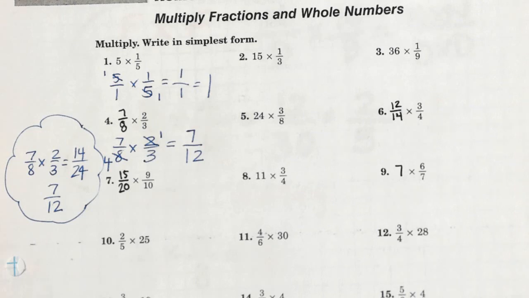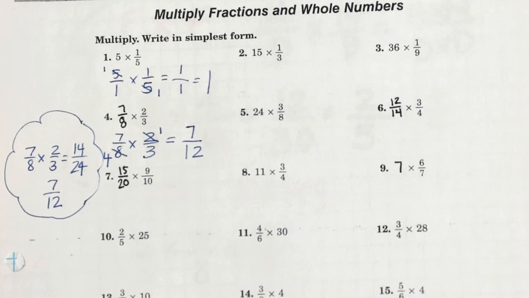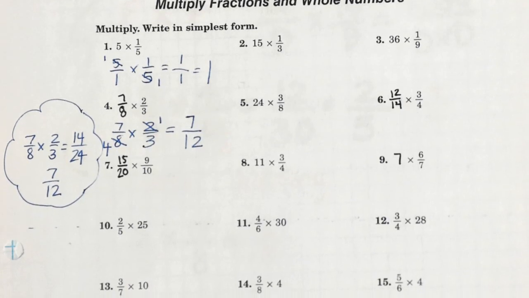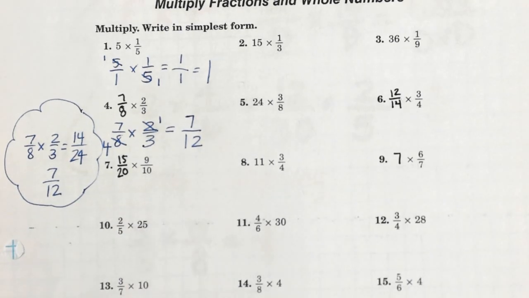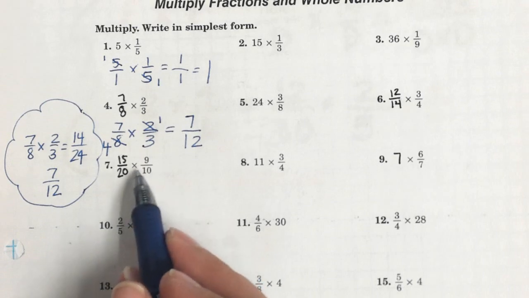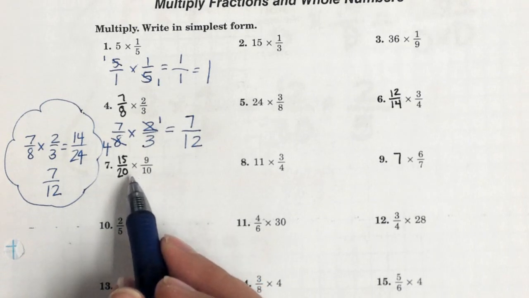Yeah, you're going to do them in a second. I want to do number 7 with you because that's the biggest one that I want to show you the difference cross-canceling will make. If I don't cross-cancel with number 7, I'm going to have 135 over 200. That's a large number, okay? So let's see, is there any way that I can cross-cancel? Okay, 20 and 9, there's no number that will go into both other than 1.